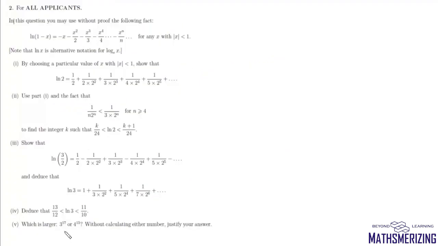Now in this fifth part we have to find which is larger, 3 to the power 17 or 4 to the power 13. Now we can write 3 to the power 17 as e to the power ln 3 to the power 17, or this is e to the power 17 ln 3, and in the same way we can write 4 to the power 13 as e to the power 13 ln 4 or e to the power 26 ln 2.